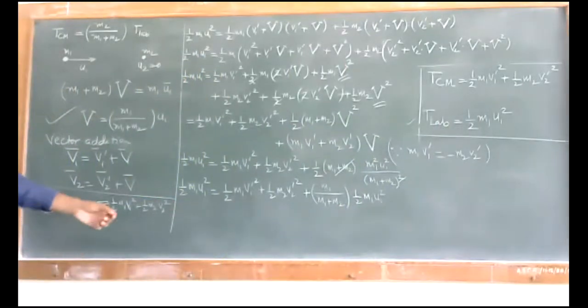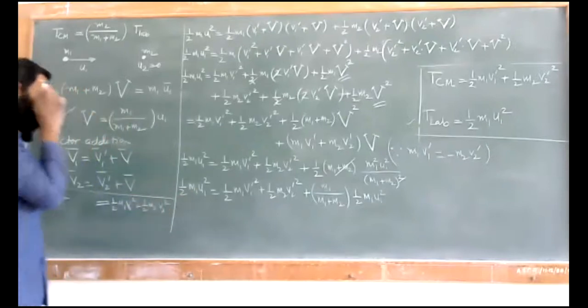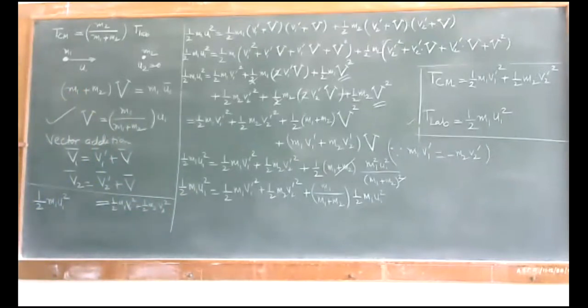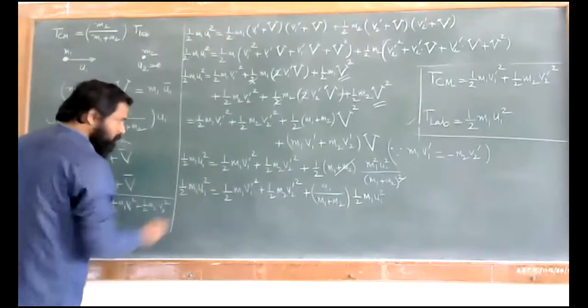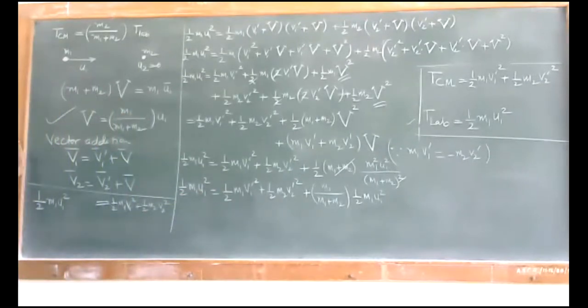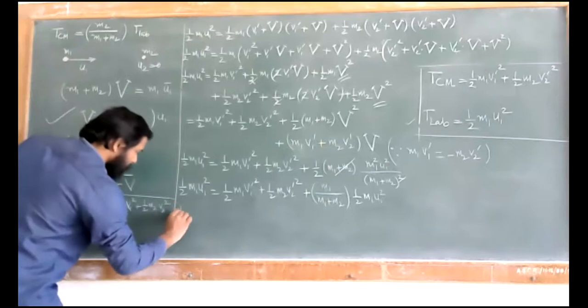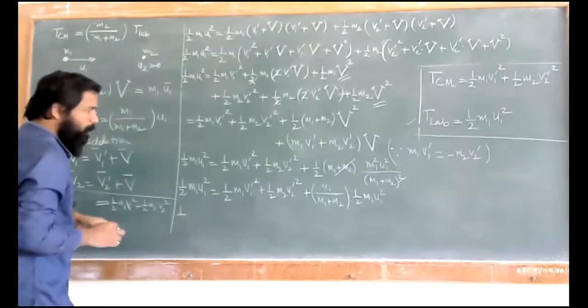This is given in terms of these points, that is T lab. I'll just check it out. What should be your points in terms of this? The point comes out to be 1/2 m1 u1 square.